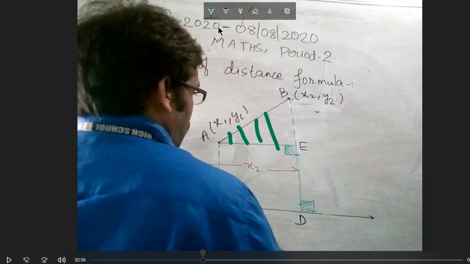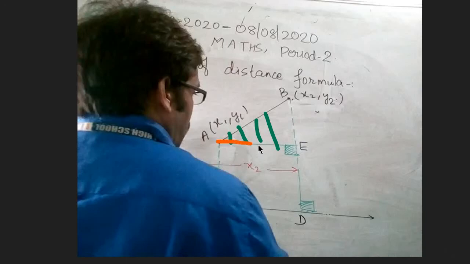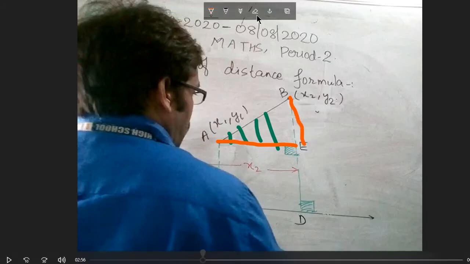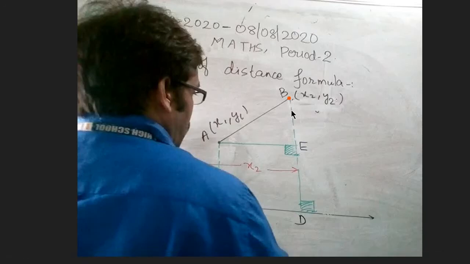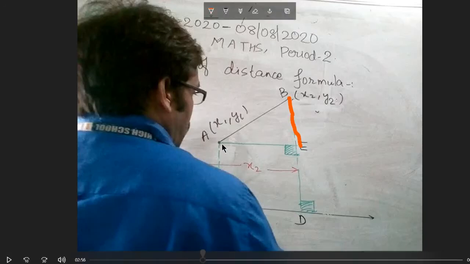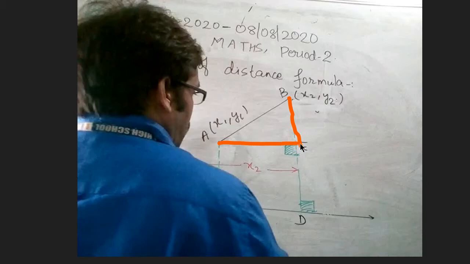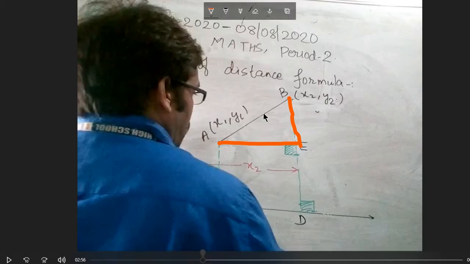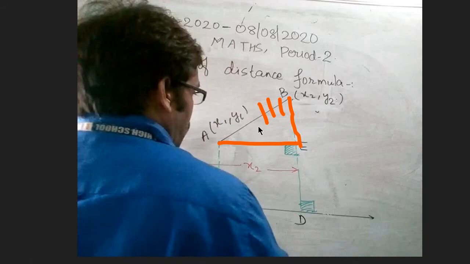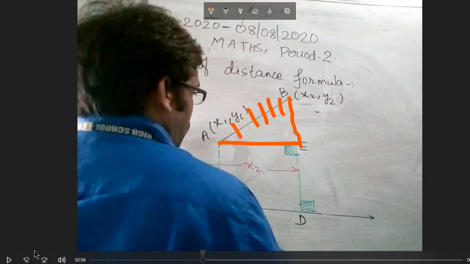If I could find the length of this and this, I am saying that this length and this length, if I could find these two, so this can be found by using Pythagoras. So this is our basic. Okay, so let us see what I have done.